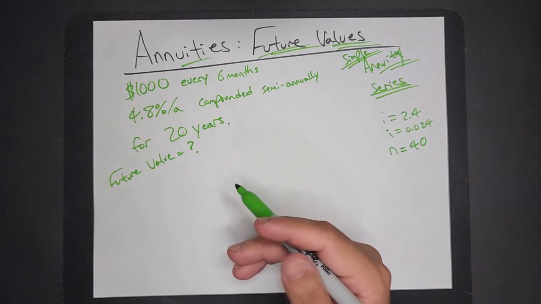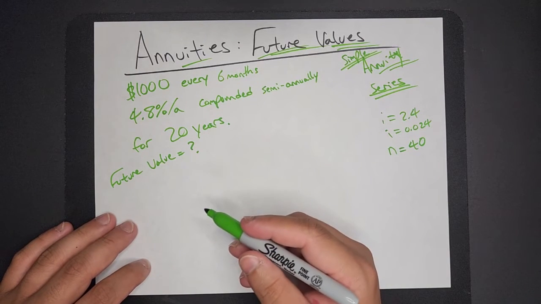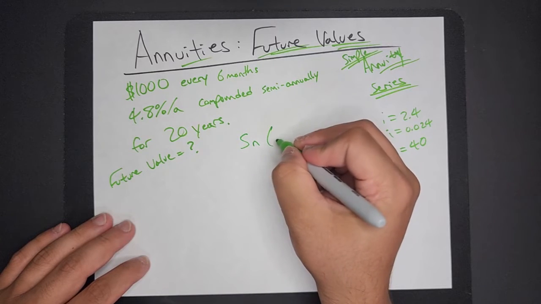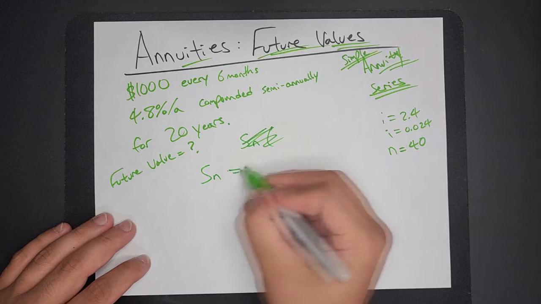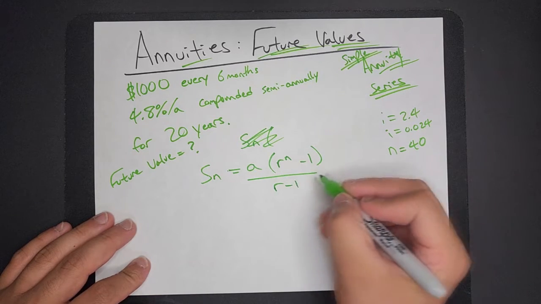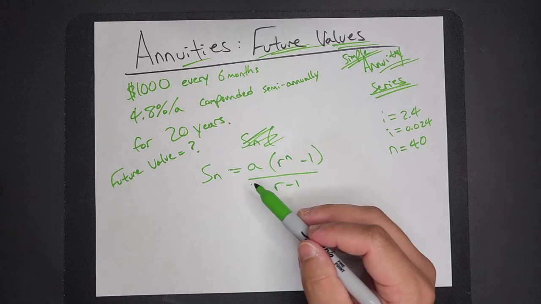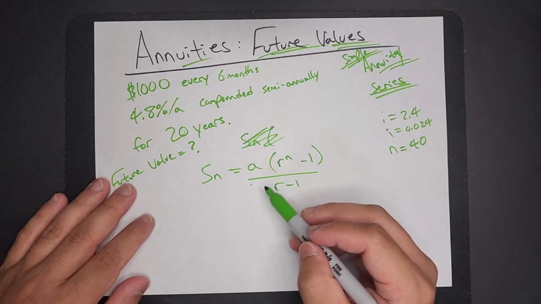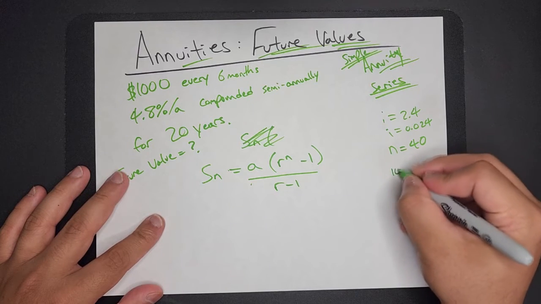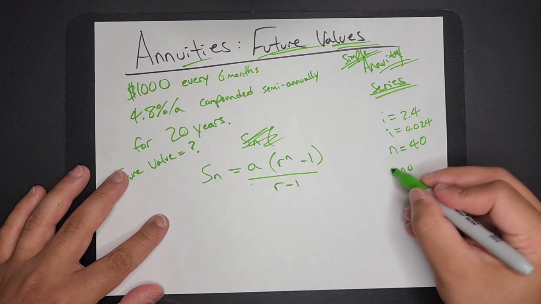So now if we actually plug this into our series formula, if you remember, I think it was our geometric series, R minus 1. Looking at this payment plan every 6 months, let me reword this.